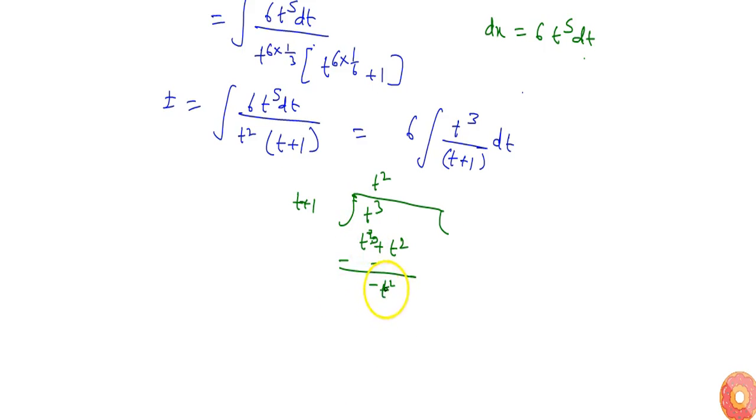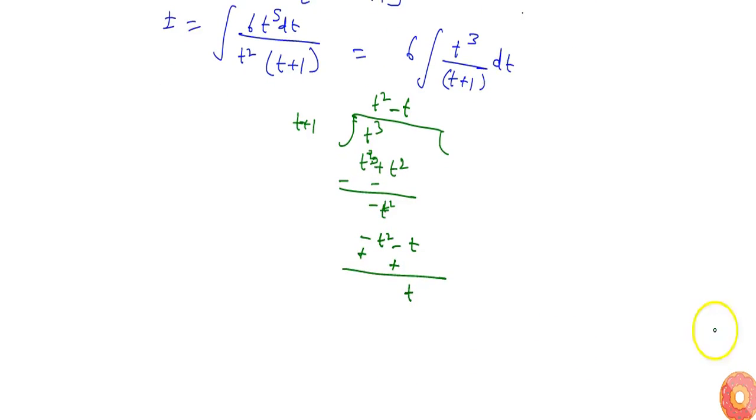Now minus t square divided by t is minus t, so minus t times t plus 1 is minus t square minus t. Minus t square plus t square is 0. I'll get the remainder t.